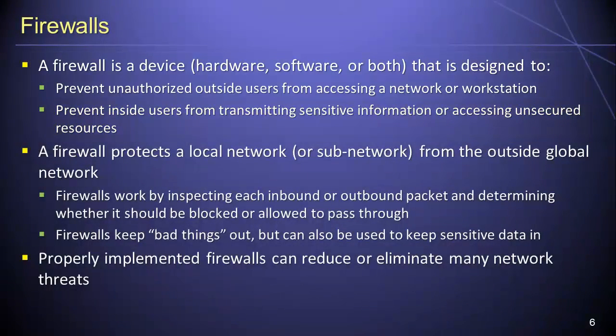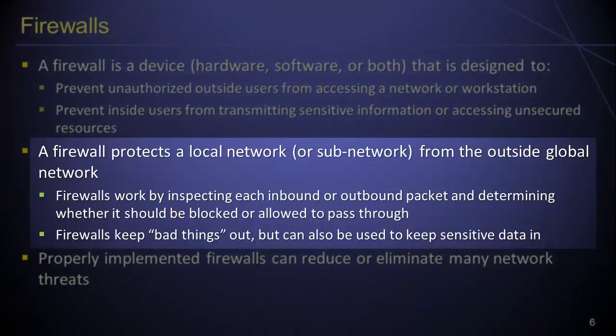From a broader point of view, the purpose of a firewall is to protect and isolate a local network or subnet from an outside network. A firewall works by inspecting each inbound or outbound data packet and determining whether those packets should be discarded, modified, or allowed to pass through in their current form.